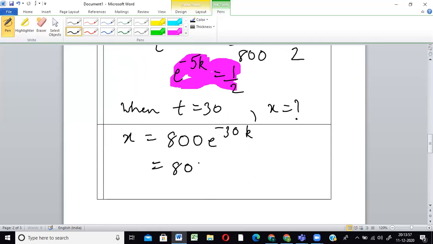So 800 as it is, or then we write e raised to minus 30k, because we know the value of e raised to minus 5k. So we will try to write this in the form e raised to minus 5k. But actually the exponent is 30, and we have only written 5. So then we can write this thing raised to 6. Are you understanding? Then this 30 is also satisfied. So 30 is nothing but 5 into 6.